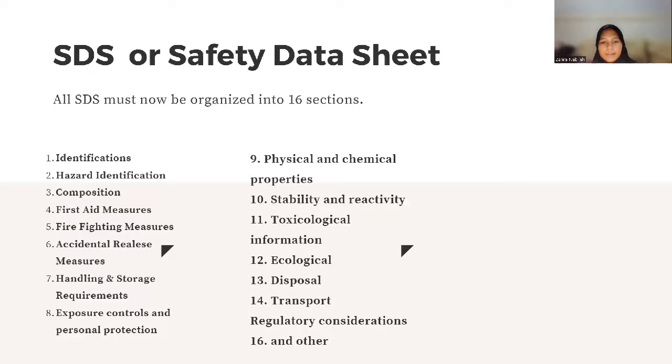Pictograms consist of a symbol on a white background framed in a red border. Each pictogram represents a specific hazard: health, flammability, toxicity, compressed gases, skin and eye protection, unstable explosives, oxidizers.